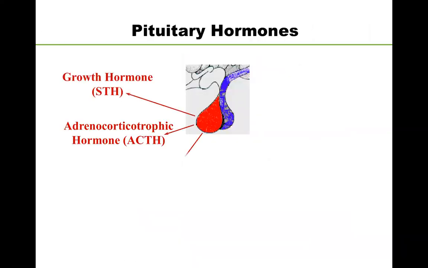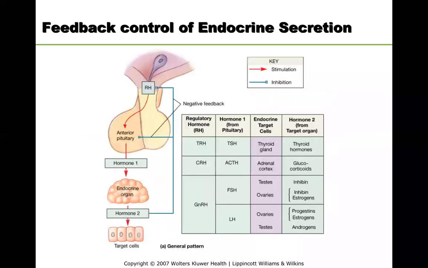The pituitary is considered the master gland, and we know that it has several functions. There are 2 ways the endocrine secretion is controlled. One is that the releasing hormones from the hypothalamus act on the anterior pituitary to produce some hormones, which act on the target gland to produce certain other hormones.